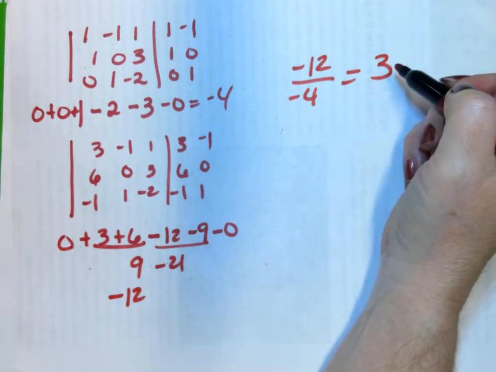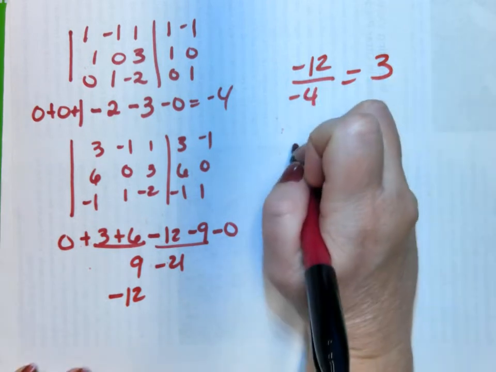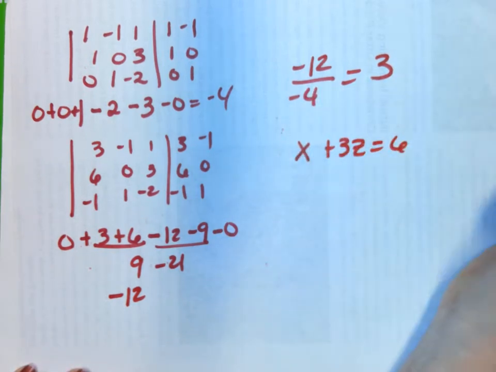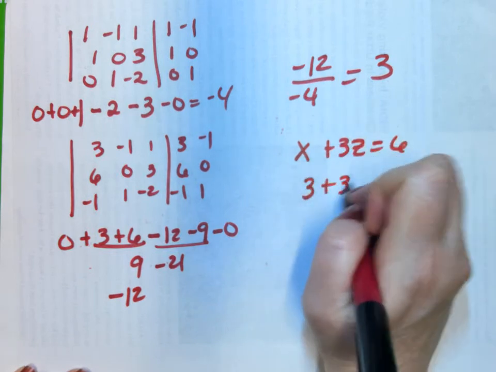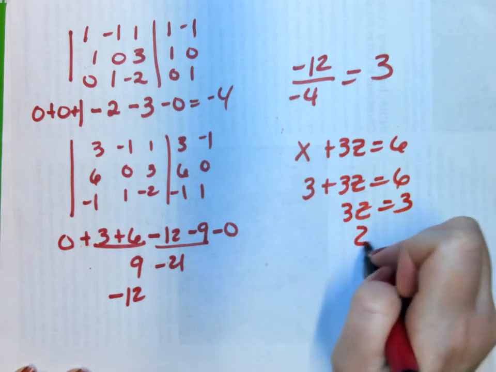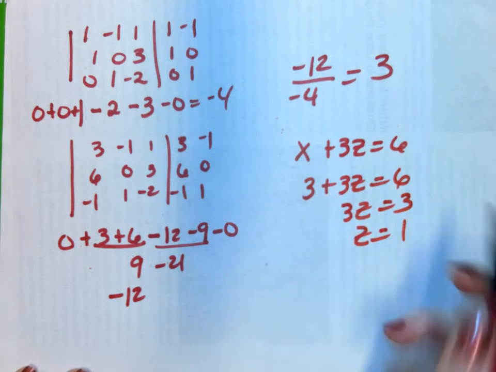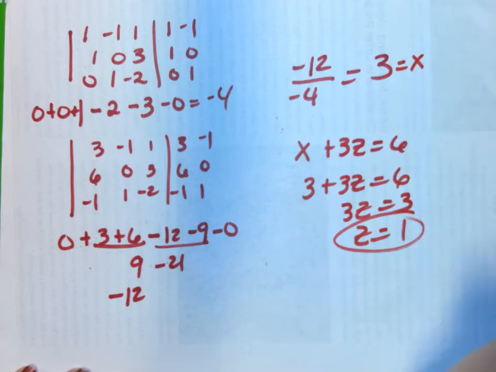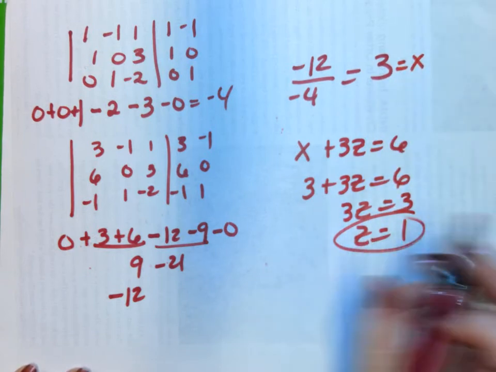Since I know x is 3, and I have the equation x plus 3z equals 6, 3 plus 3z equals 6, so 3z is 3, z must be 1. If z is 1 and x is 3, I can find y.